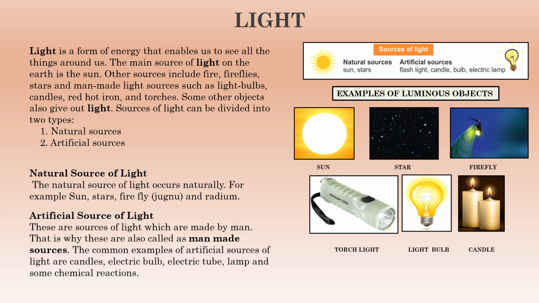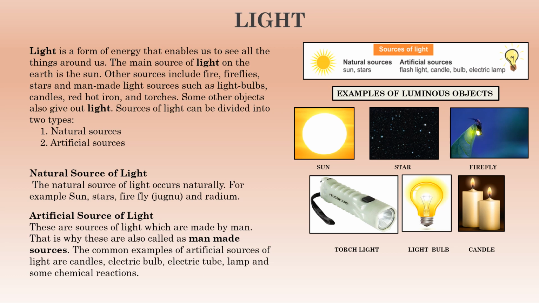Natural source of light occurs naturally. For example, the sun, stars, firefly, and radium. Artificial sources of light are those sources of light which are made by man.